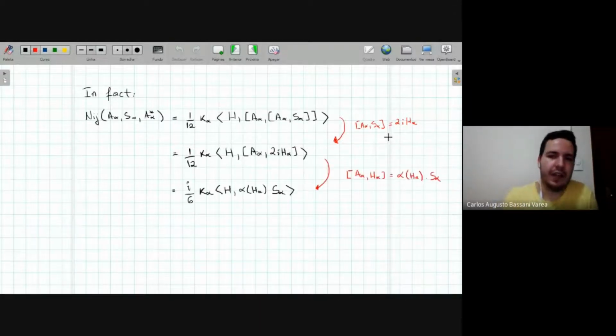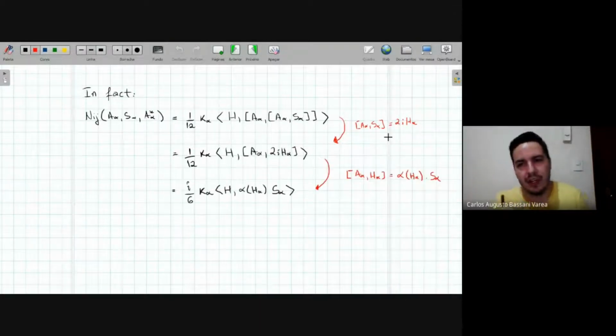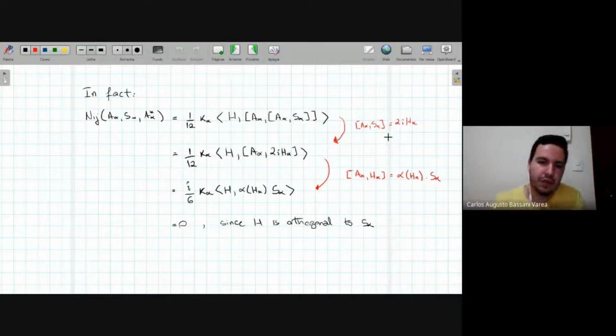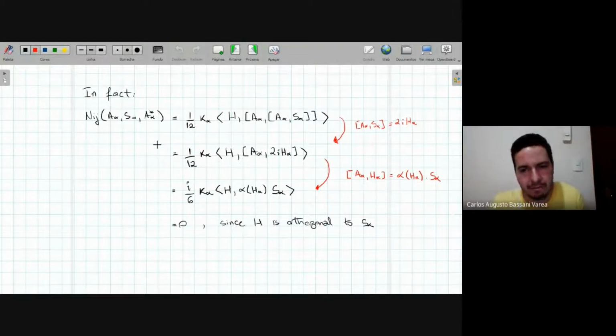And again, using the properties of the Lie bracket, we obtain this expression here. But S alpha is orthogonal with respect to the Killing form, so it will be 0. The same will happen if you run over all elements of U alpha plus U alpha star. So when we restrict the Nijenhuis operator to one root, we obtain immediately that it's 0.